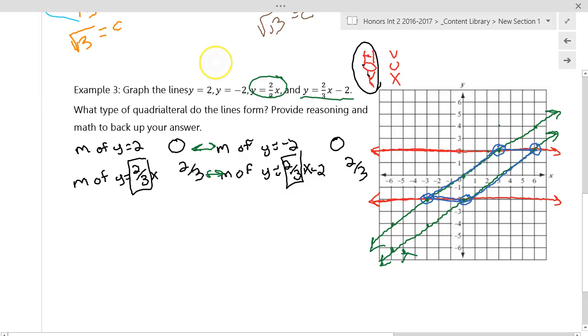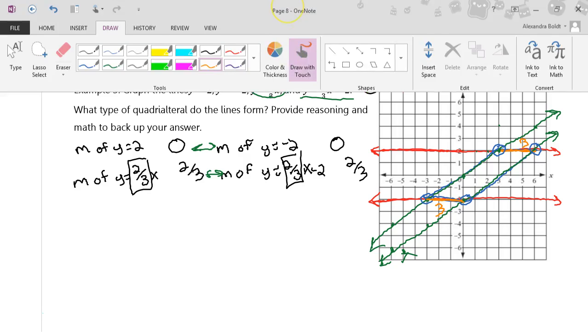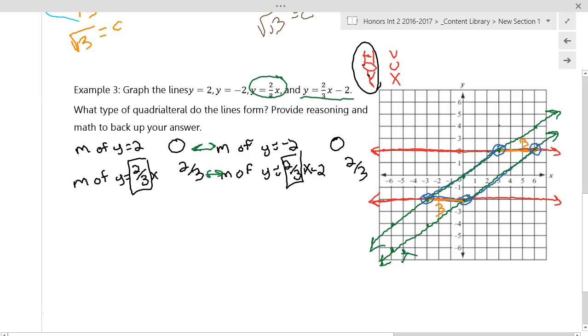Okay? So now I'm going to be looking at my triangles. What's easy is I can already find this distance, pretty easy. 1, 2, 3. Same thing here. 1, 2, 3. Then I can find this distance by going over 4 and down 6. So 1, 2, 3, 4. And then 6, triangle.